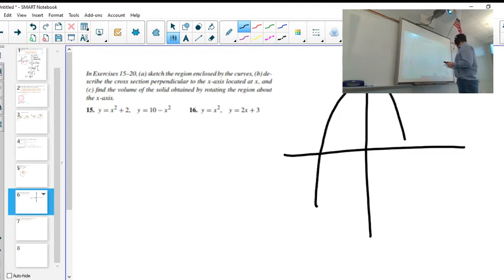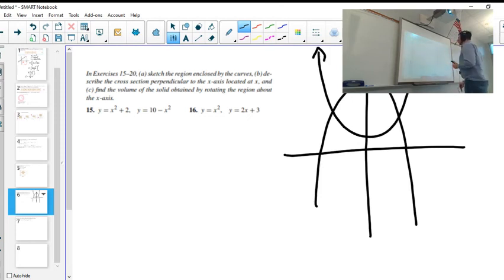You've got one going this way, one going this way. So here's the area I'm interested in, and we want to find the volume. I'm just going to set this up.